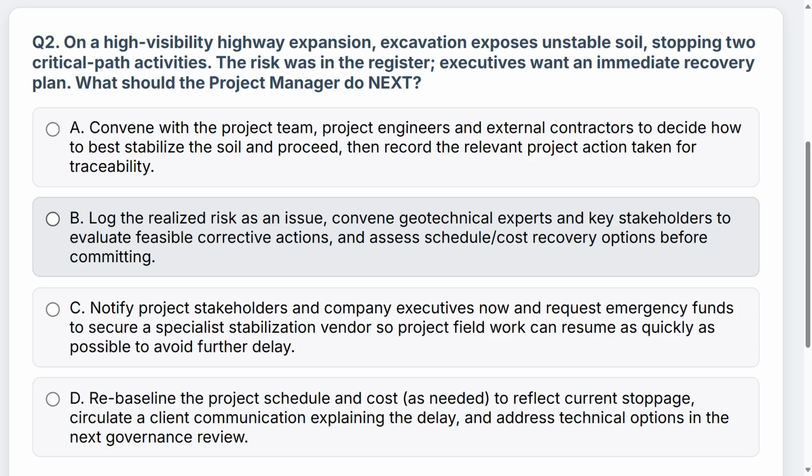Corrective actions do not just involve the stabilization of soil, but also schedule, cost, quality, risk, procurement, and everything else. Then you assess the schedule and the cost recovery options before committing. A is presumptuous. B is cautious, and it's pragmatic, like a project manager should do.